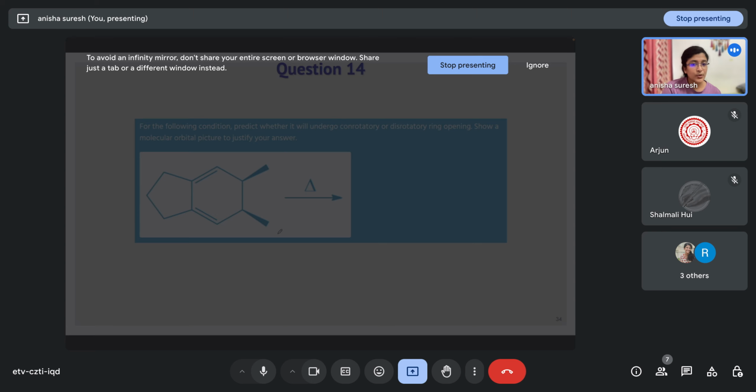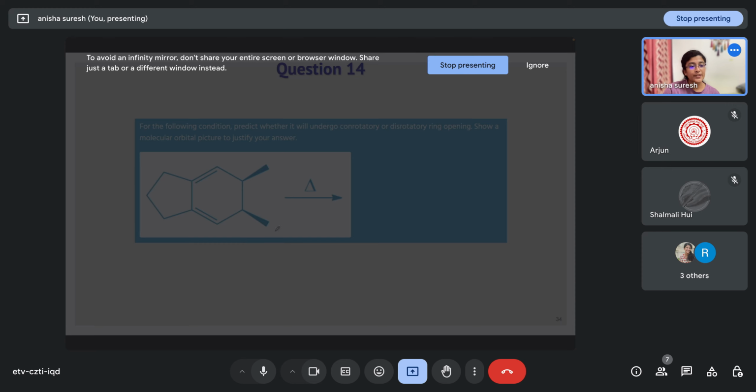Now coming to the next question. For the following condition, predict whether it will undergo conrotatory or disrotatory ring opening. Show a molecular orbital picture to justify your answer.